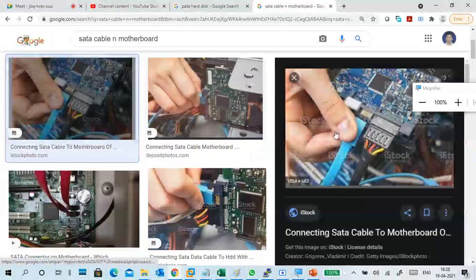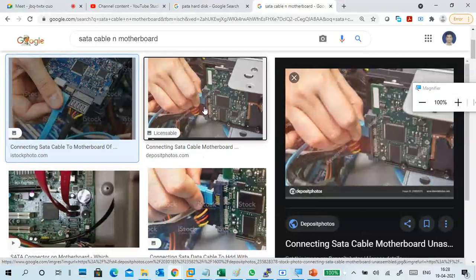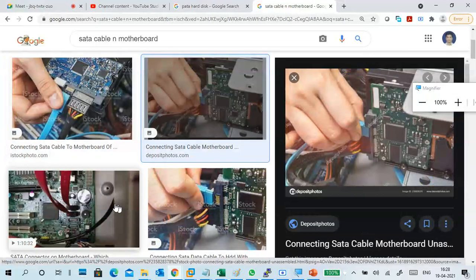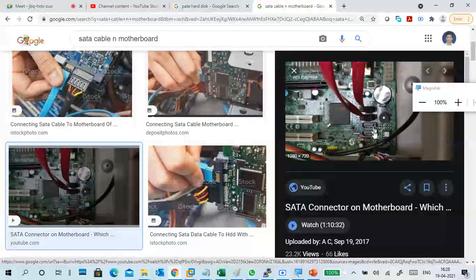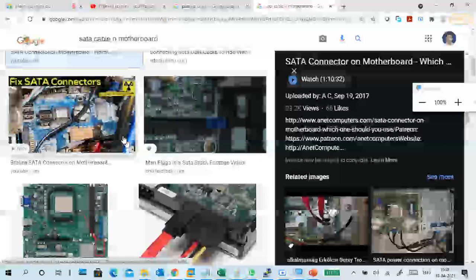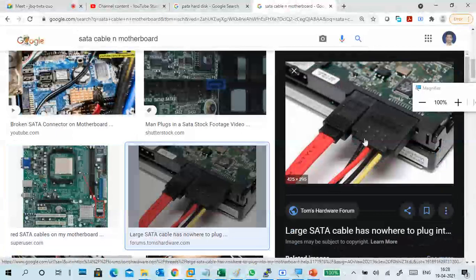You can see it's a very simple 7-pin connector, only a single connector. One side is the hard disk, the other side is the motherboard. There are four pins on the motherboard, each pin with a single cable. Each cable goes to one hard disk only. So that is the SATA type.